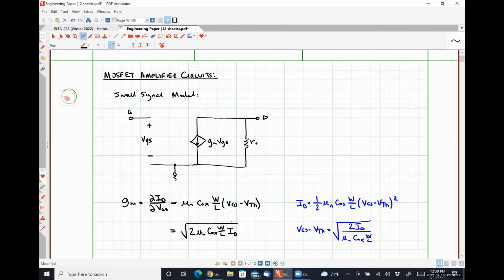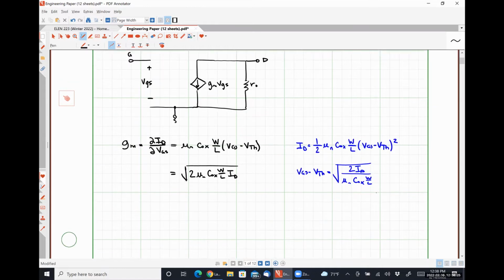And finally, it can also be written as twice ID over (VGS minus VTH). So in the instance that we know what both of those quantities are, or both portions of the DC operating point, we have the simplest mathematical representation for our transconductance. So these are the three different ways that it can be expressed.